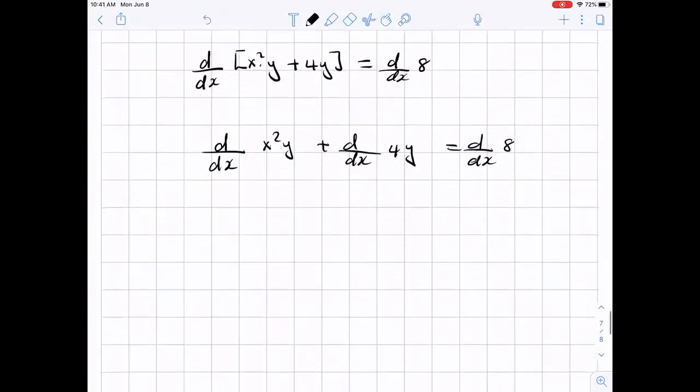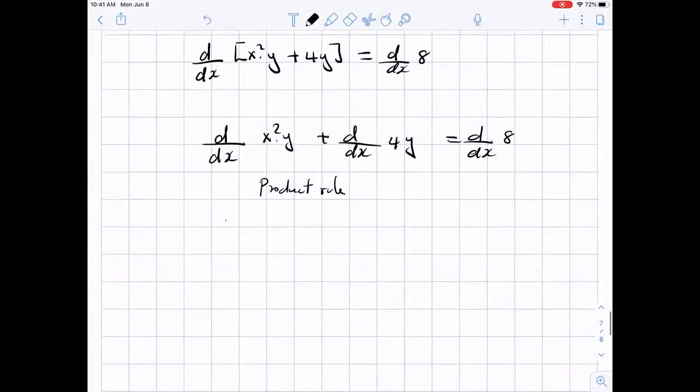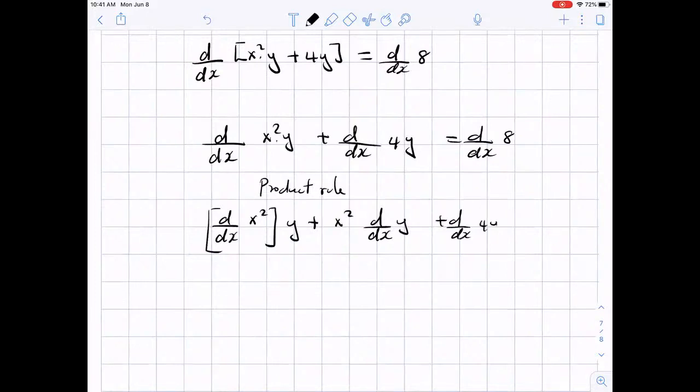Now this here is a product, okay? So we have to use the product rule. So d/dx of x squared, that's the first part, plus now we keep the first part and we take the derivative of y, plus d/dx of 4y equals d/dx of 8.